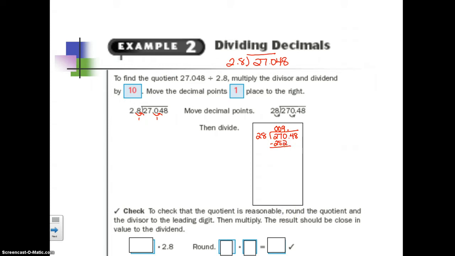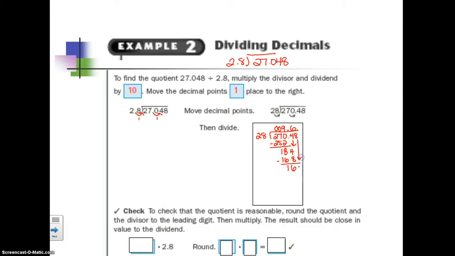Subtract. 18. We already brought up the decimal point. Now we bring down the 4. 28 into 184 goes in about 6 times, because 28 times 6 is 168. Subtract 184 minus 168. Is 16.